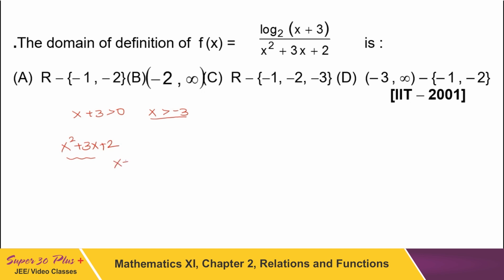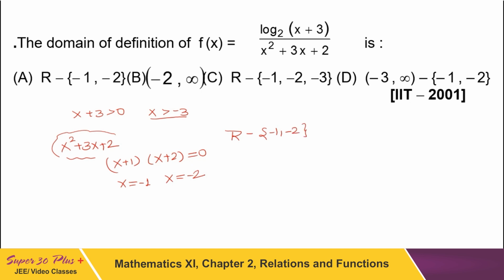The roots of this function will be minus 1 and minus 2, because at x equals minus 1 it is 0 and at x equals minus 2 the function is 0. This function lies in the denominator and this is defined for all real numbers except minus 1 and minus 2.